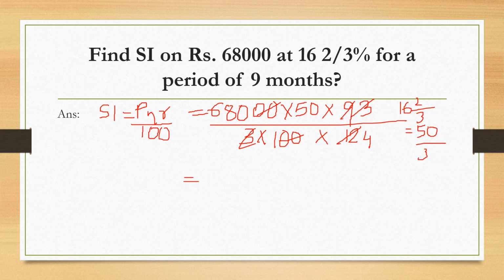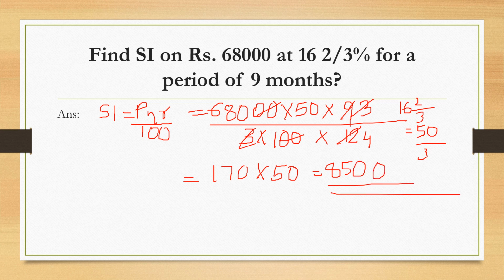Also, 680 divided by 4 is 170. 170 into, here 50 is the remaining number. So, 170 into 50 is 8,500. This is the simple interest for a period of 9 months.